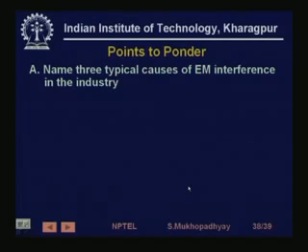In points to ponder, you can try to figure out three typical causes of electromagnetic interference in the industry. I can tell you that one of them can be brushes of DC motors. There are all sorts of DC motor drives in industry. If the brushes are loose, then there is going to be some sparking. So, that is one of them. You can think of other causes of such electromagnetic interference in the industry.